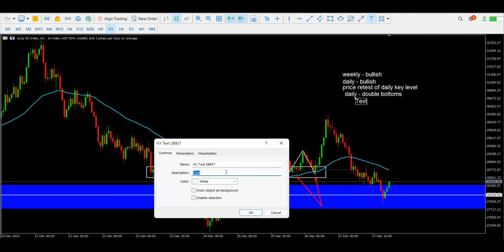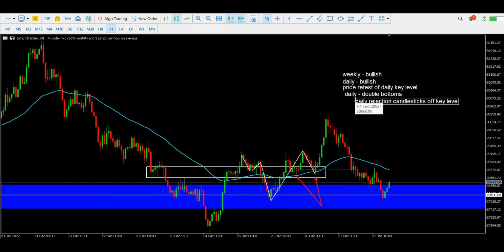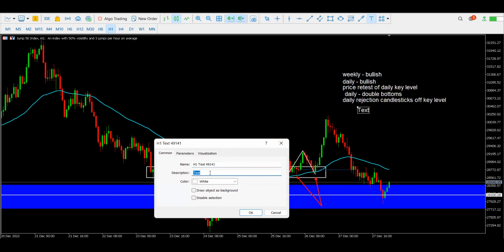We identified daily rejection candlesticks of the key level. We had a retest and a bounce off the daily EMA.